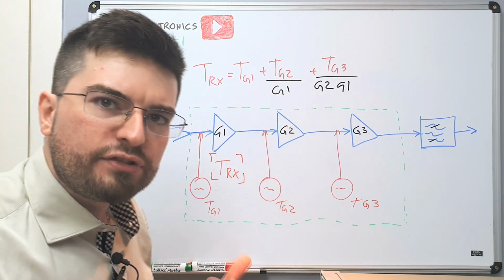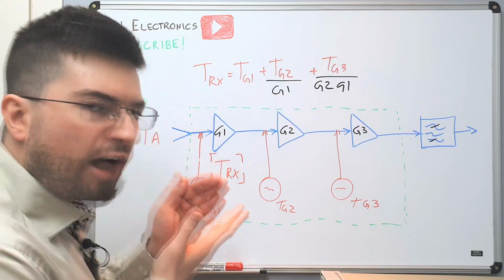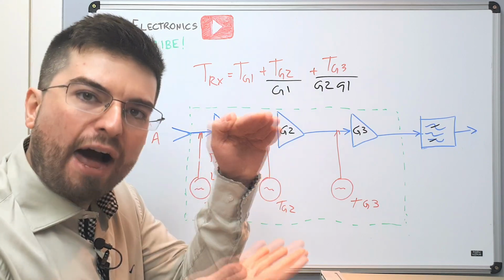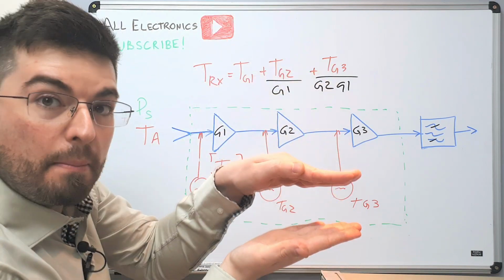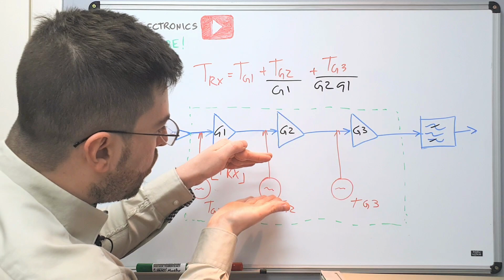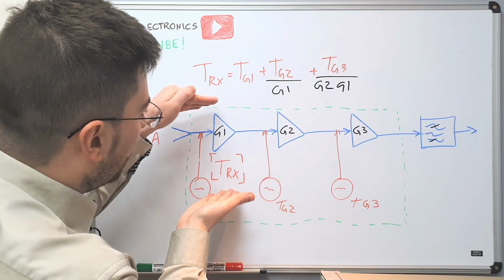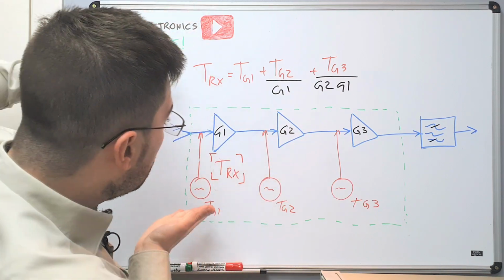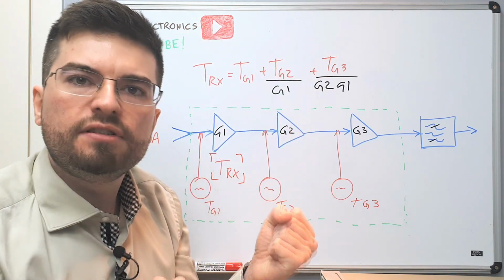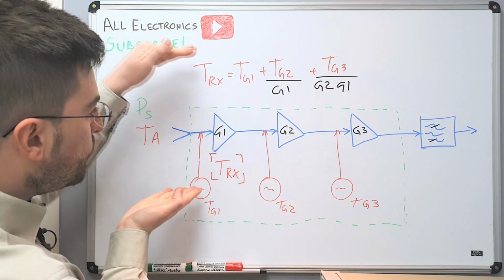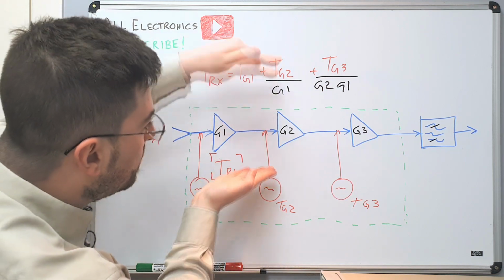And this makes a lot of sense because the first amplifier already amplified the signal, and this will add a constant amount of noise. So this constant amount of noise with a larger signal in the input will generate a lower degradation of the signal to noise ratio, because the signal is already coming here amplified.